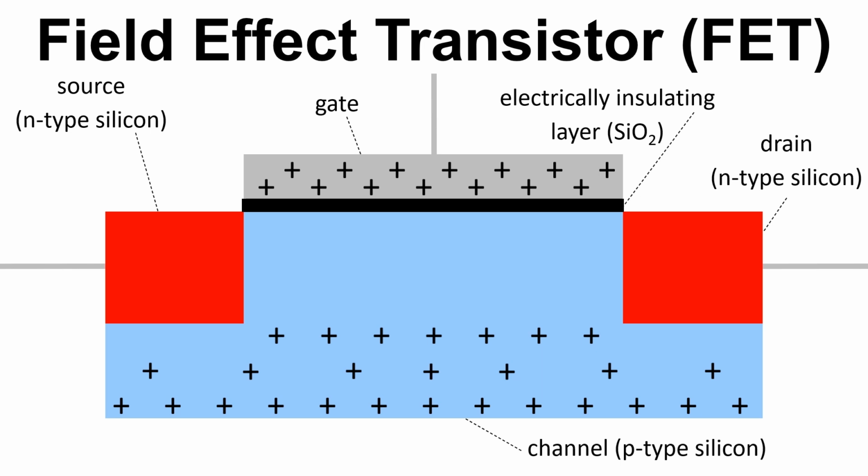So that's the basic principle of how a field effect transistor works. That a positive electrical potential being applied to the gate will repel the positive charges in the p-type silicon and therefore affect the electrical resistance through the channel, and that will affect the current flow from source to drain.